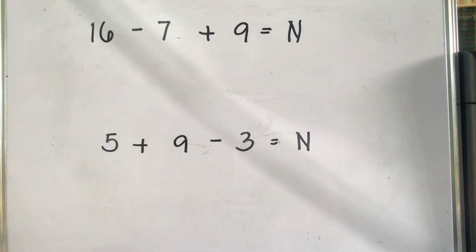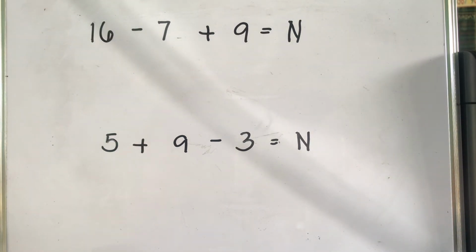So we have our first example. We have 16 minus 7 plus 9. Since there is no multiplication nor division, we will proceed with addition and subtraction. The first operation there is subtraction, so we will solve it first. We have 16 minus 7.